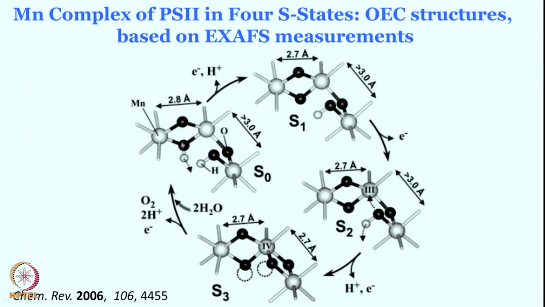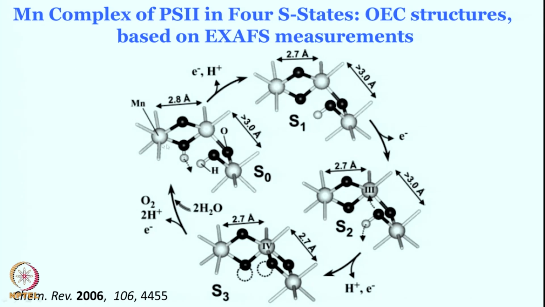Now if you look at the manganese distance between these sites, it is 2.8 angstrom. And the second manganese to third manganese distance is 3.0 angstrom. These are part of the 4 manganese 1 calcium cluster we are looking at, and that is the site where water binding, water activation and oxygen bond formation will take place.